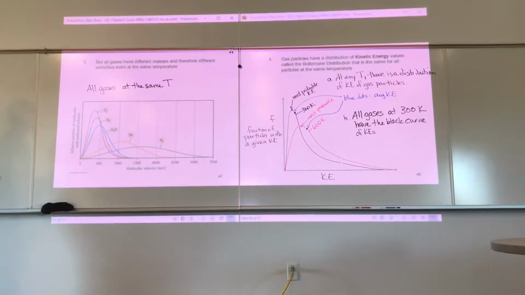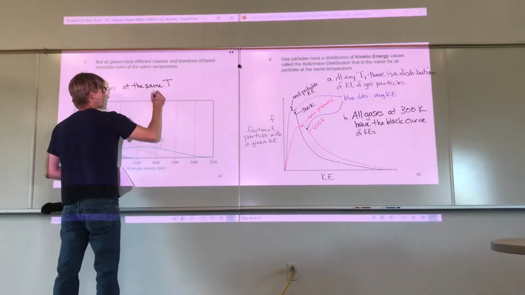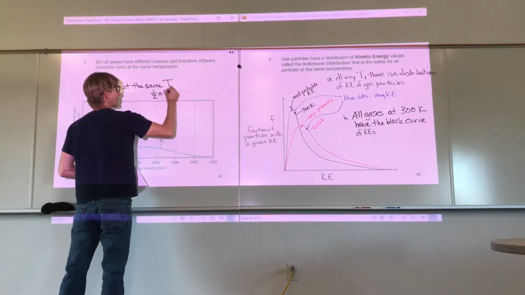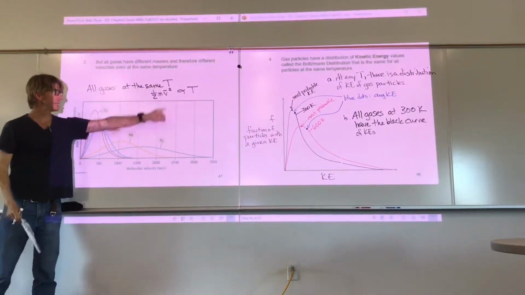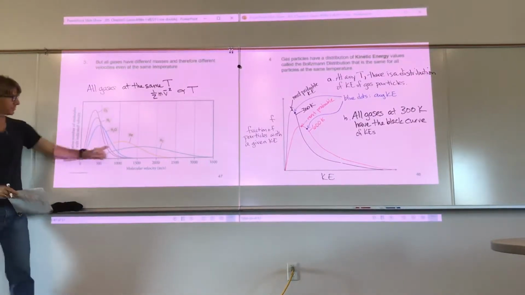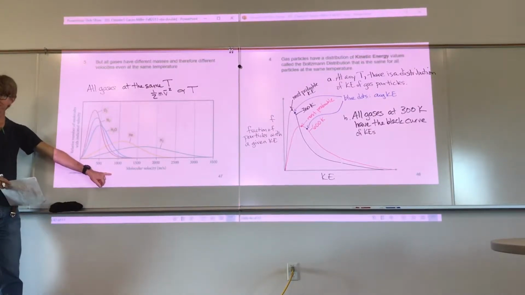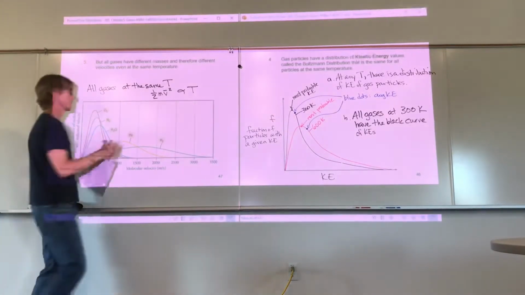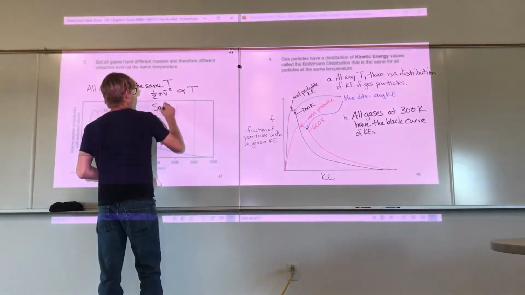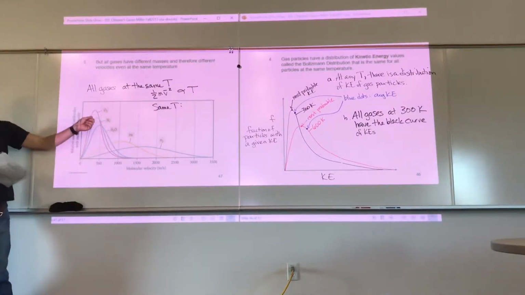And this gets to the fact that the equation that I gave before, and the idea that as mass increases, velocity decreases. Still a distribution of velocities. Same T, as mass of gas particle increases, velocity decreases.